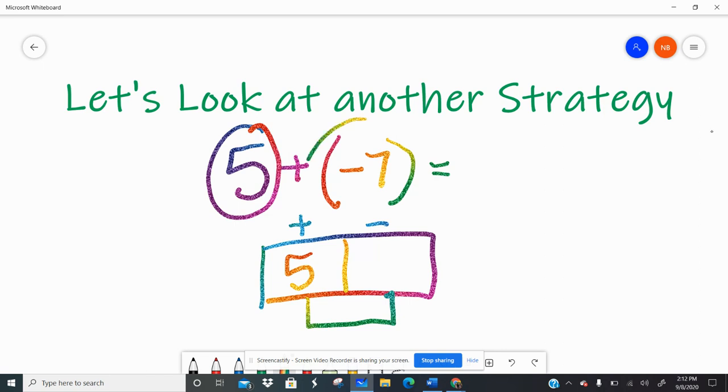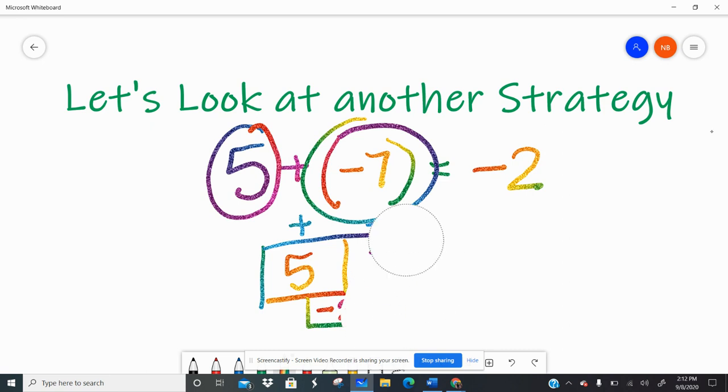And the second number is -7, so that's my negative team. Negative team has 7 points. So I look and I see, well, who's winning? Well, the negative team has more. 7 is more than 5, and they're winning by 2 points. But since the negative team is winning, I write -2. So 5 plus -7 is -2. Does that make sense so far?